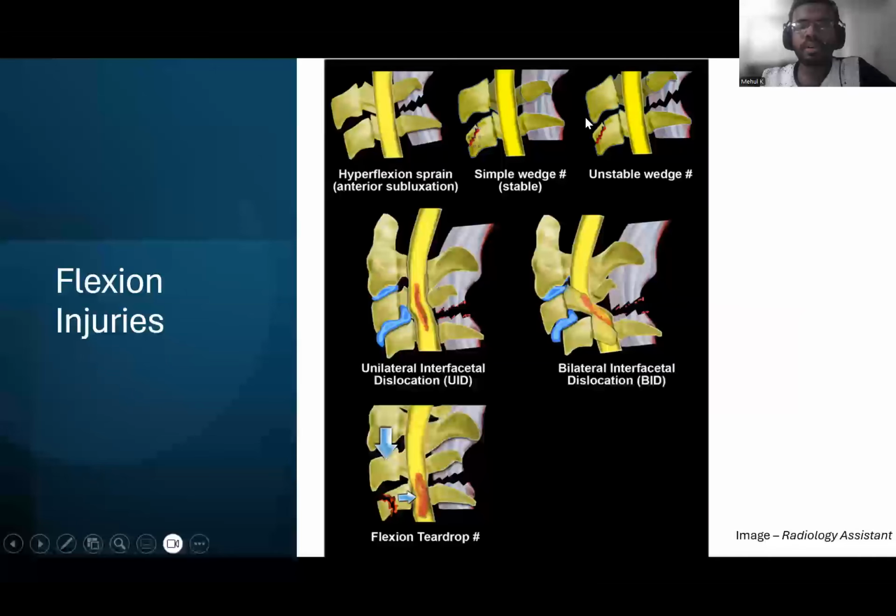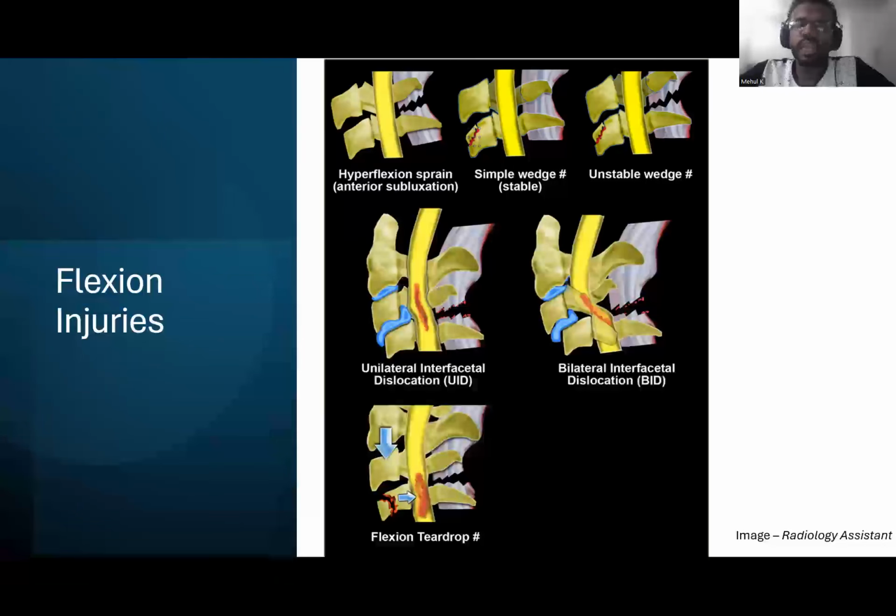basically, what you have to know is that you can have flexion teardrop injuries. Flexion teardrop injuries usually involve the anterior inferior part of your vertebral body. And one thing you have to remember is that it looks almost exactly the same as an extension teardrop fracture as well.